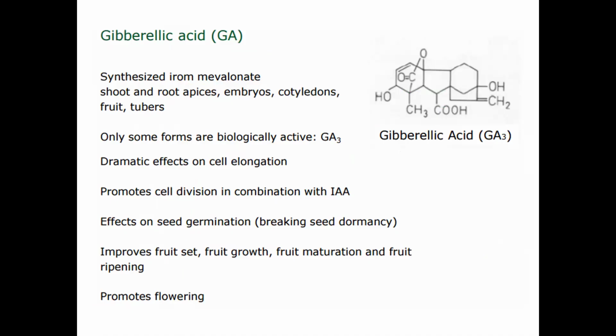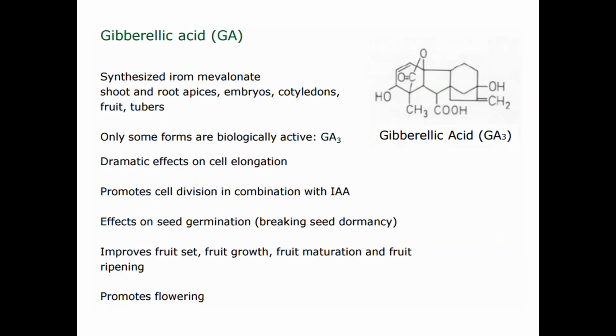Gibberellic acid is synthesized from the mevalonate pathway in the plant cell. Gibberellic acid is also very, very important, and it is involved in cell elongation. This is why in fruit orchards, people spray a small quantity of low concentration gibberellic acid to get larger fruits.